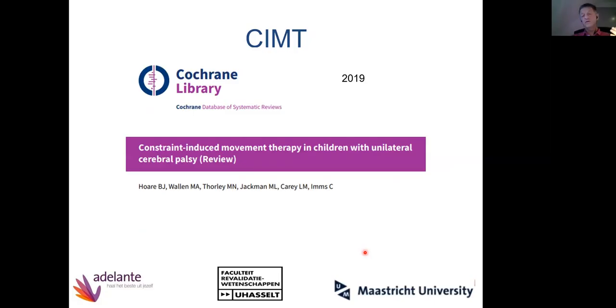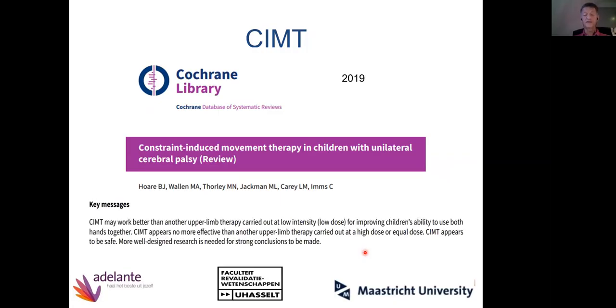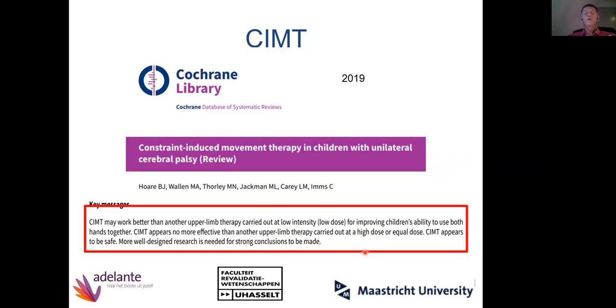Now, ending in 2019, the last Cochrane review, which Brian Orr performed earlier in 2015 and updated in 2019. The conclusion related to constraint-induced movement therapies was that it works compared to usual care, just low-dose therapy, and it has the same effect if you compare equal or high-dose therapy.